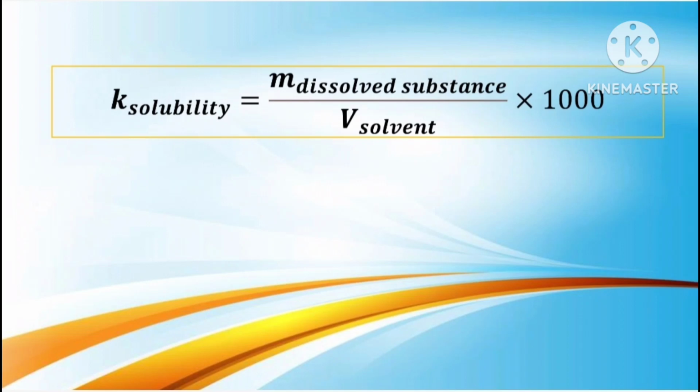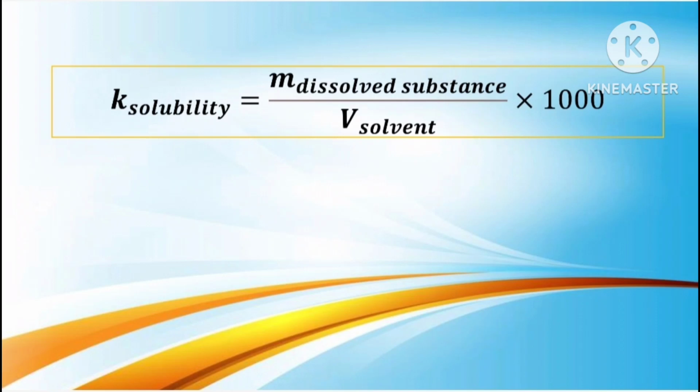Look, for example, we have a certain volume of solvent. And in this volume of a solvent, we can dissolve maximum m gram of a substance. So this maximum amount that can be dissolved is divided by the volume of solvent. It's better to take it in milliliters. And then we multiply it by 1000. Why?